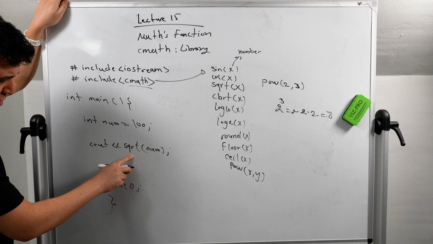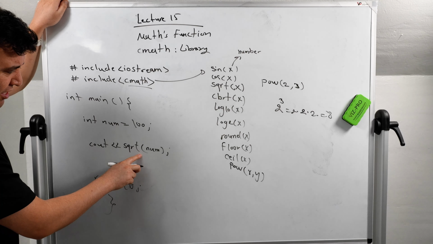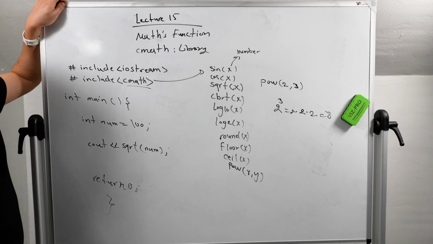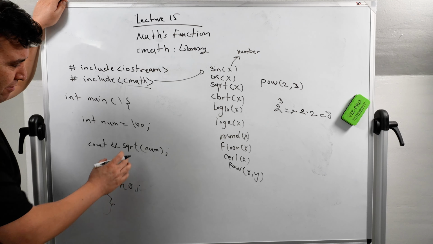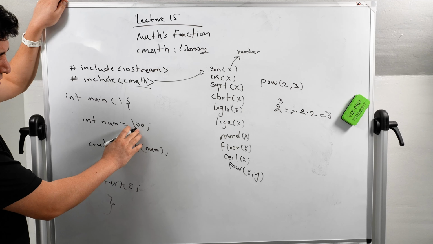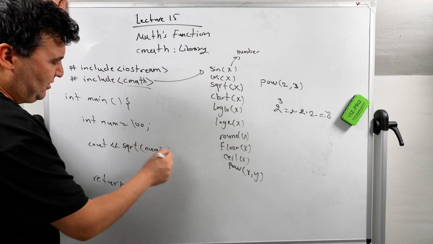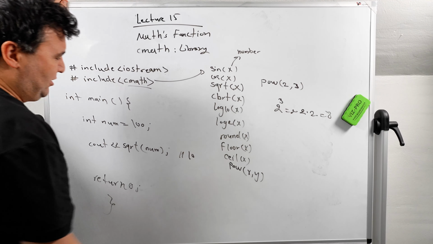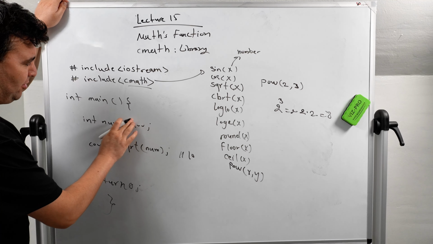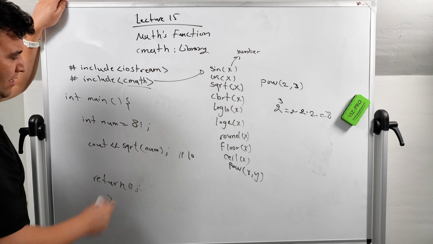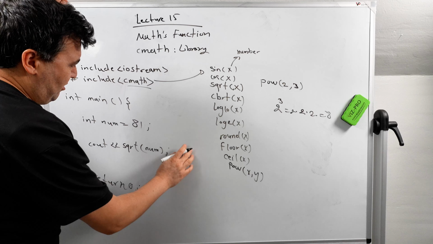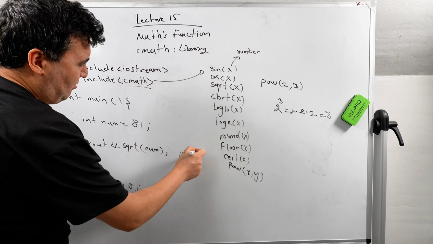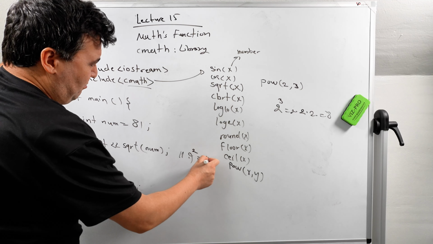This function, called sqrt in C++, calculates the square root of a number. The square root of 100 is 10. If you print it out, it will print 10. If we change this number to 81, the square root of 81 becomes 9, because 9 to the power of 2 equals 81.